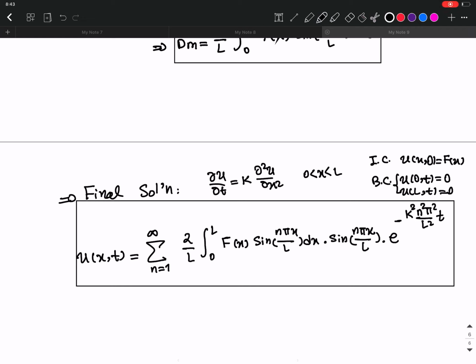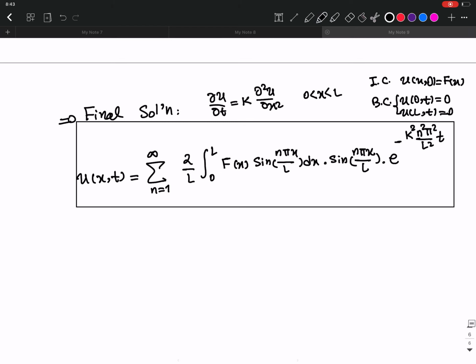So the only way this is not going to be 0 is if f(x) has a value. For example, f(x) can be just 1, or any function of x, right? And then you can solve this equation. So this was one example of the separation of variables technique for solving PDEs.